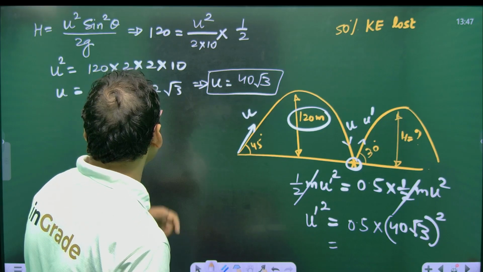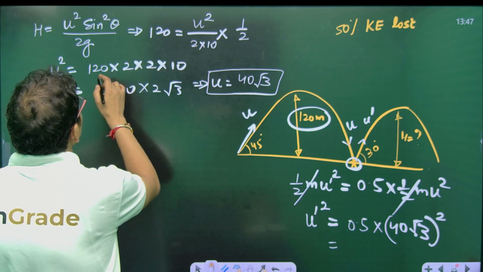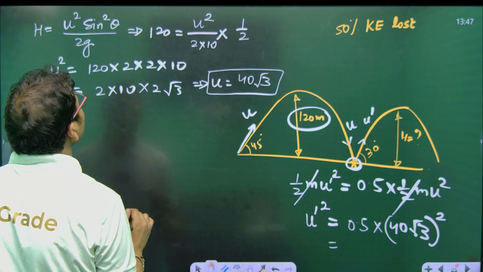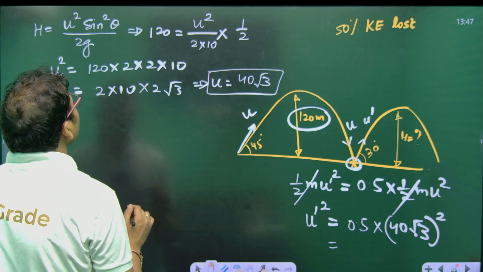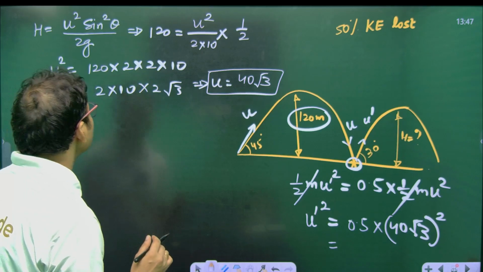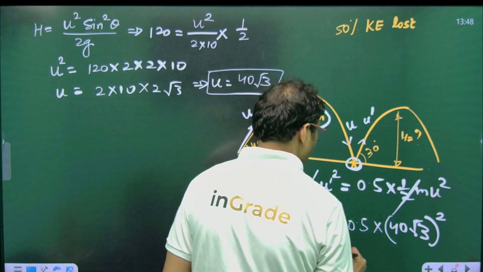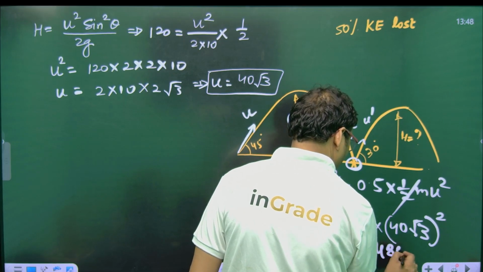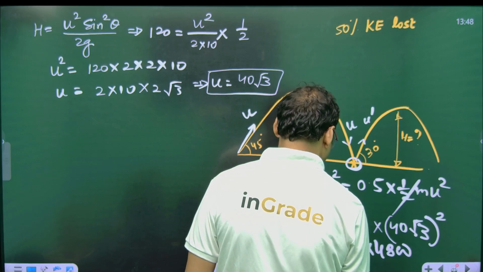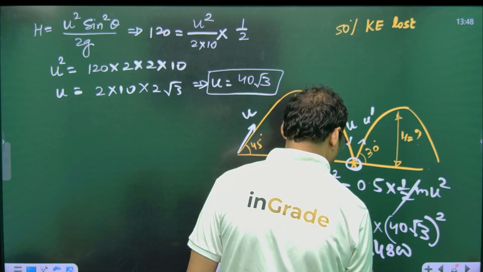What was u square? u square was 4800. So it is 0.5 of 4800, so 2400. u dash square is equal to 2400.